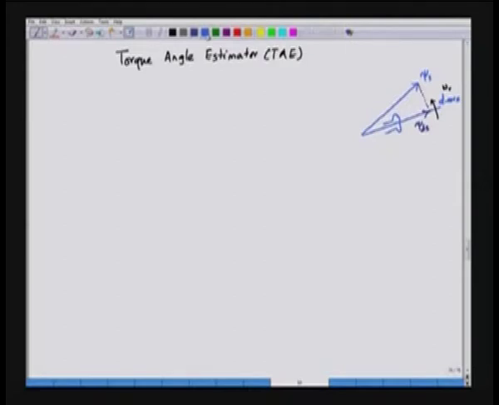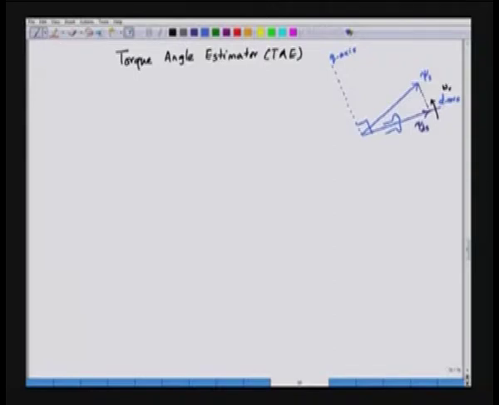Similarly, we have a q axis, and the q axis is orthogonal to the d axis. This is the q axis, which is at a right angle, or pi by 2, with the d axis. And again we can project the stator flux linkage along the q axis.